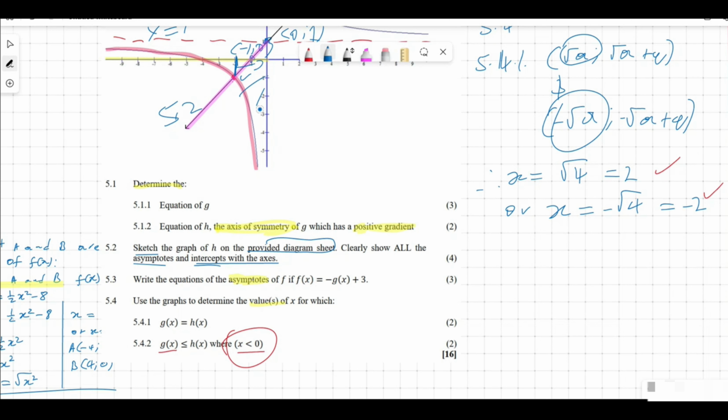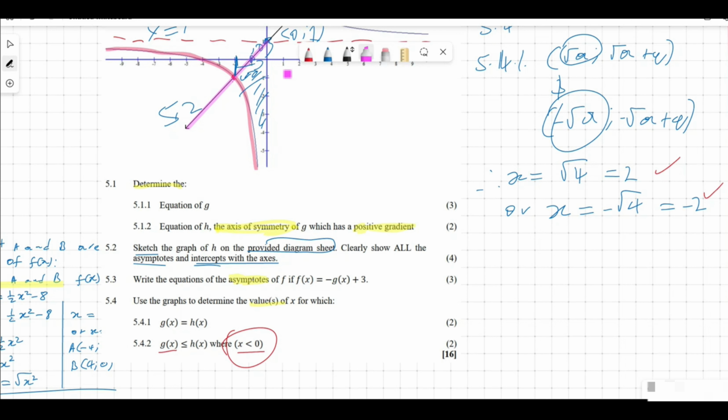Can you see this side? Who is above? It's h. Can you see that h is above here? And then your g is below. There is your g, it's below. From this point, the point of intersection, going that side, your g is below h.